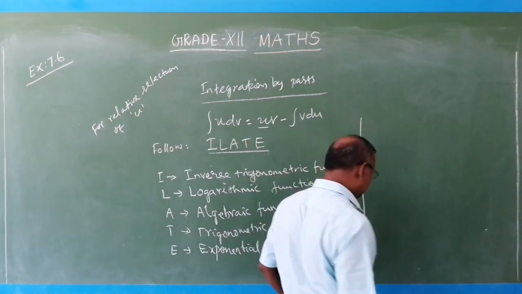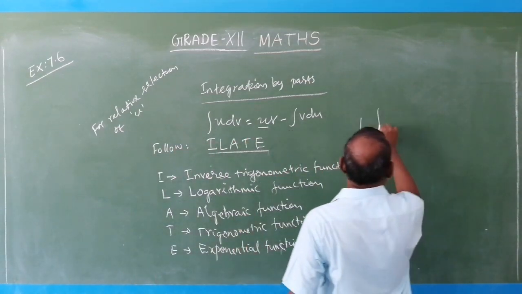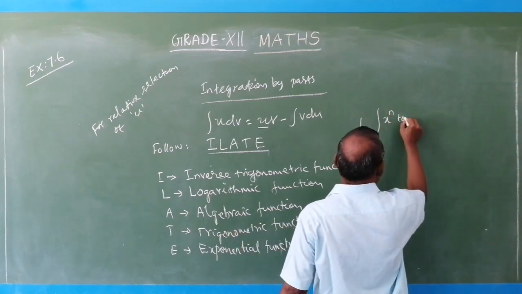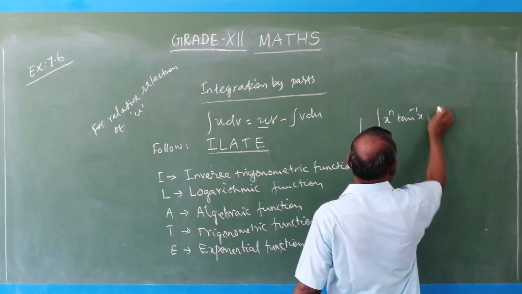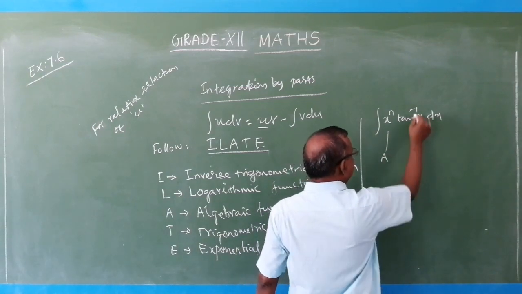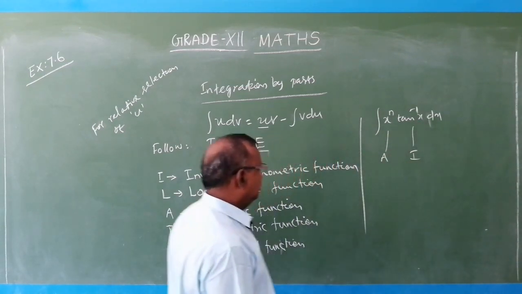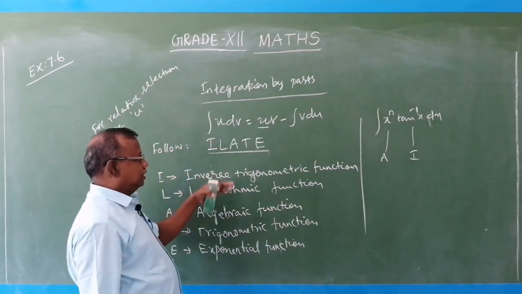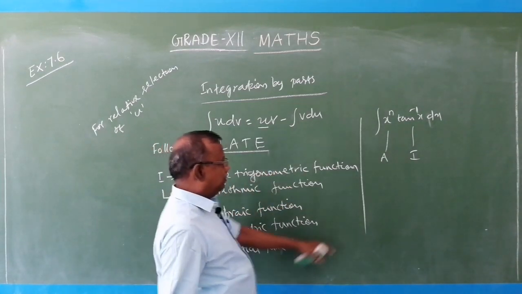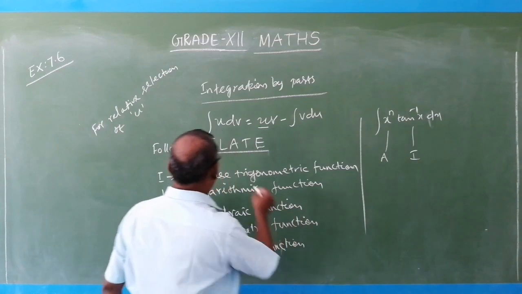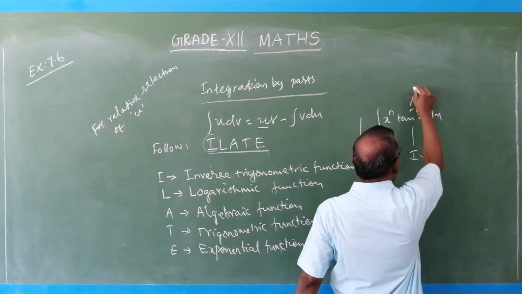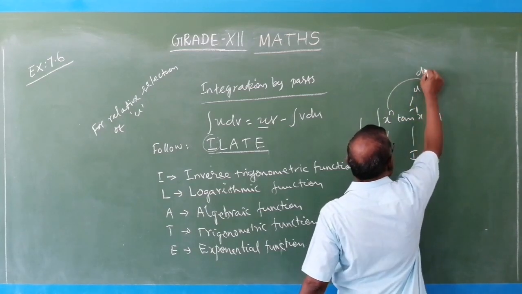That means if an integrand is of the form x power n into tan inverse x or sin inverse x into dx, this is algebraic, A, and this is inverse trigonometric function. Check ILATE, which comes first. Here I comes first, so relatively you choose I for u and the remaining for dv.